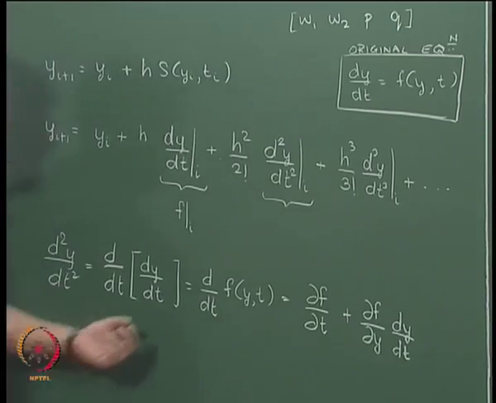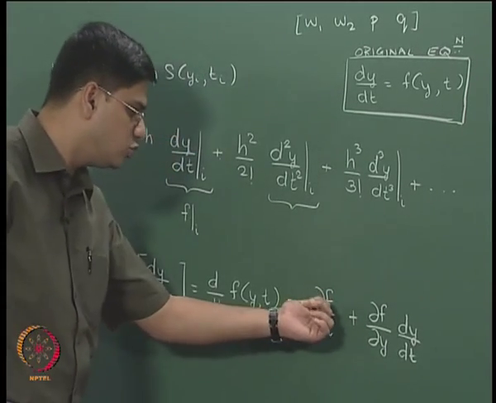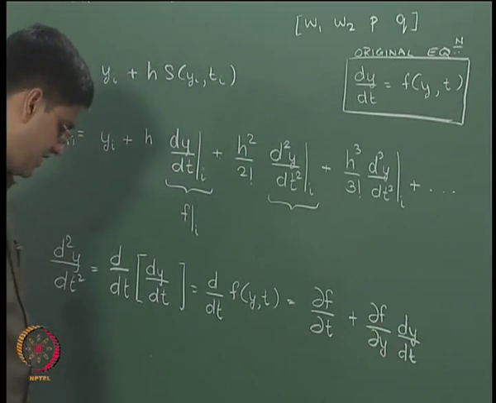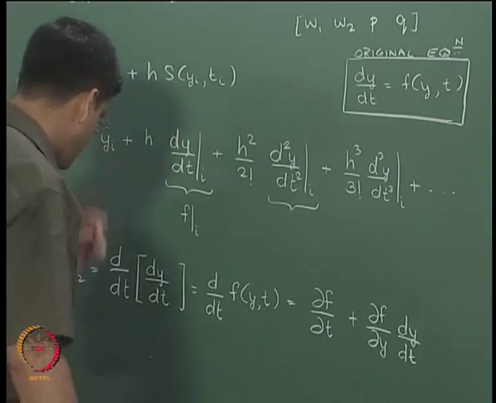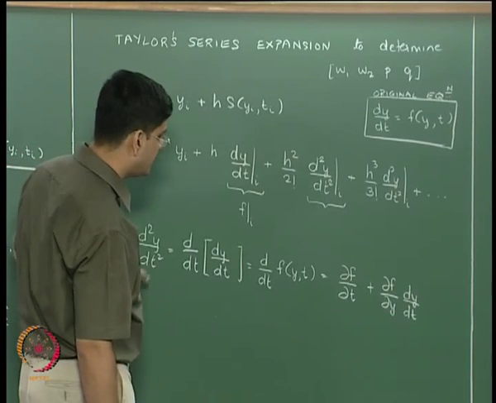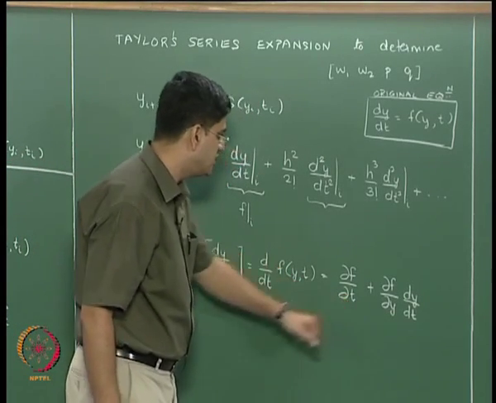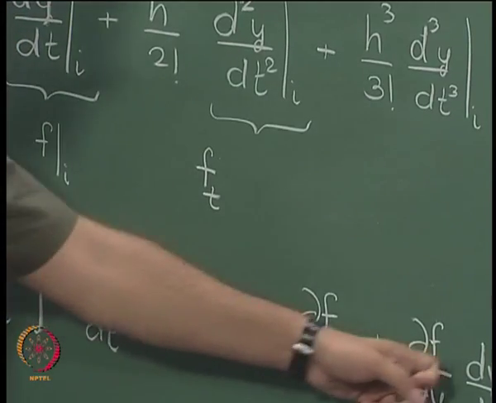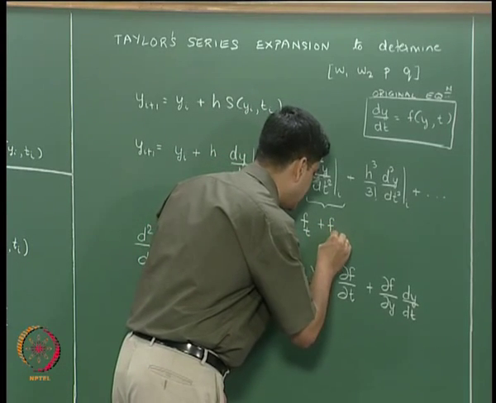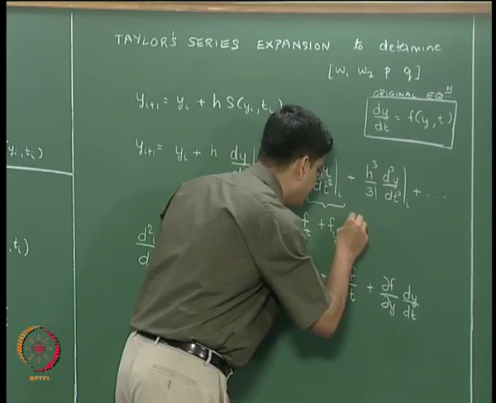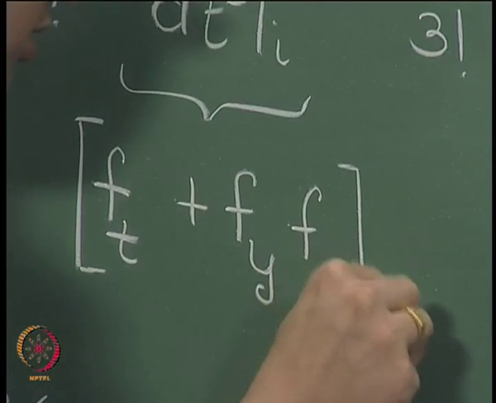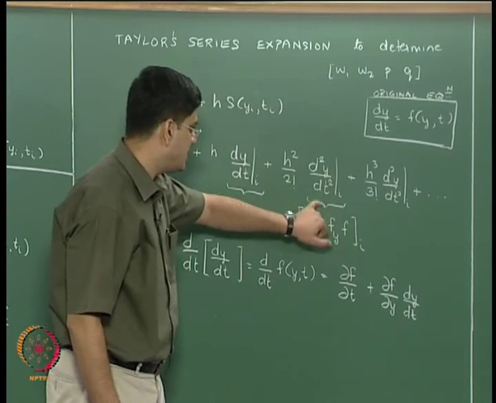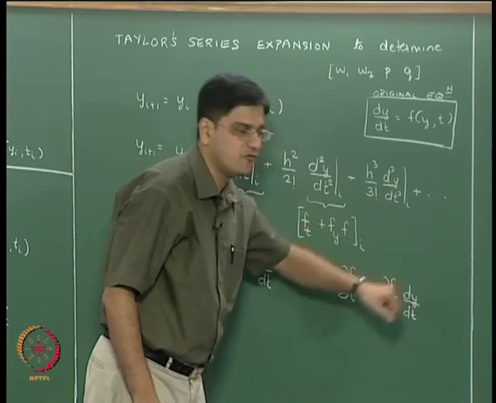Okay, the chain rule is going to be d by dt of f is dou f by dou t dt by dt plus dou f by dou y dy by dt, and dy by dt is nothing but our function f. Okay, so d squared y by dt squared is nothing but partial f by partial t, I will write that down as ft, plus partial f by partial y, I will write that as fy multiplied by f computed at yi comma ti. Okay, so that is going to be d2y by dt squared, and so on and so forth.